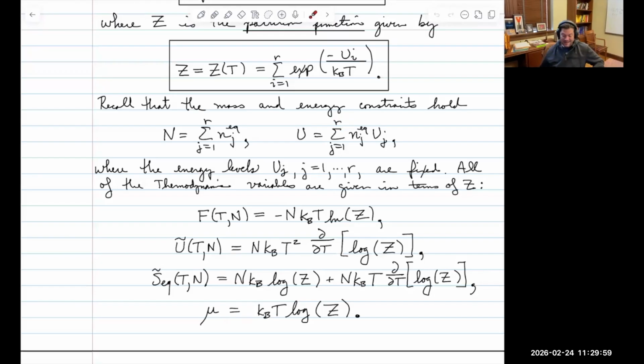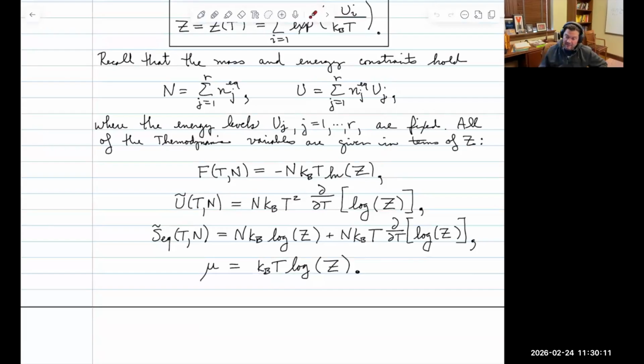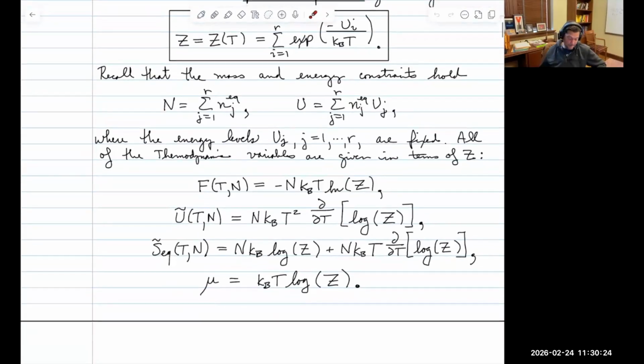They're still discrete. So in some cases, you may want to take this upper limit to be infinity. Now, if I have a finite number of particles, then they can't really distribute themselves across an infinite number of energy states, and so some of these numbers are going to be zero, obviously.